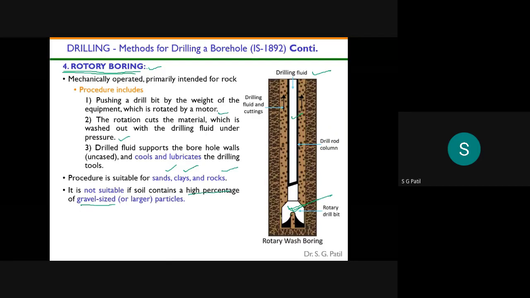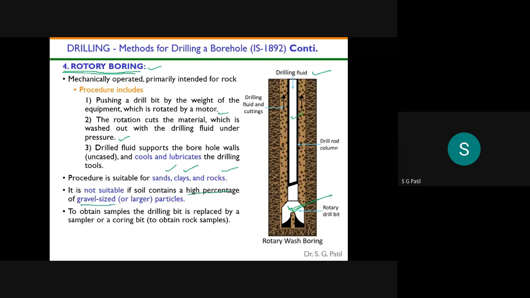With this relative motion, there is no progress of the borehole inside the ground. So if you have a high percentage of gravel-sized particles, rotary boring is not suitable. There is another method of boring called percussion boring, which we will discuss in the next slide.